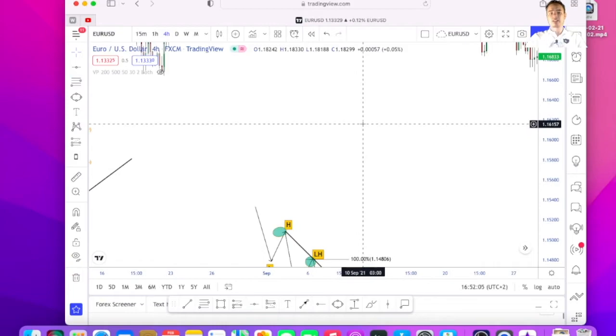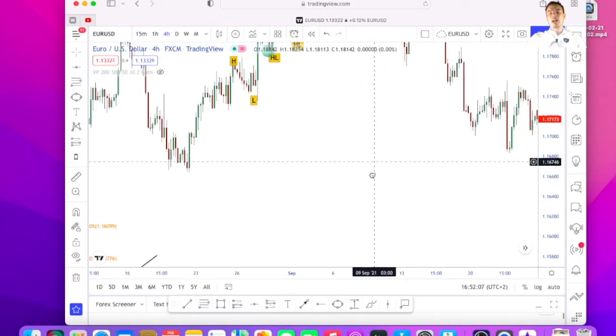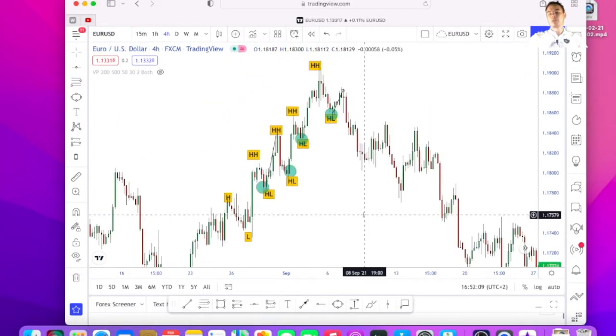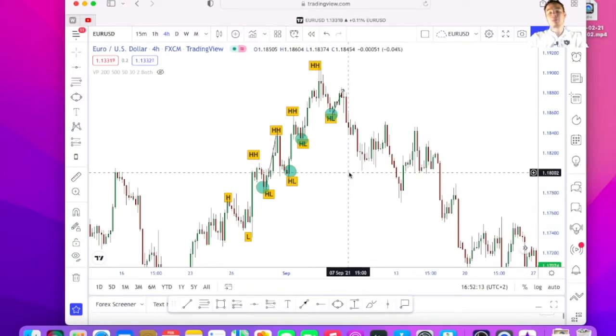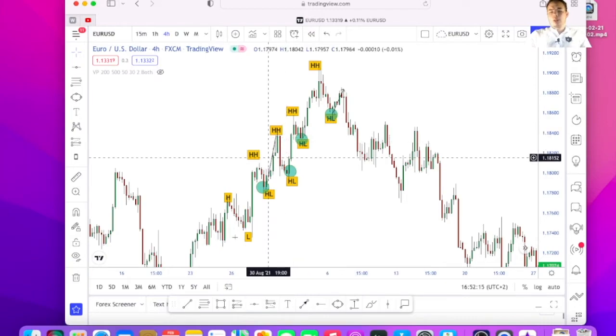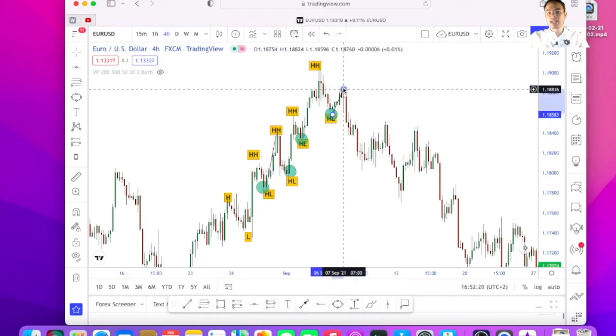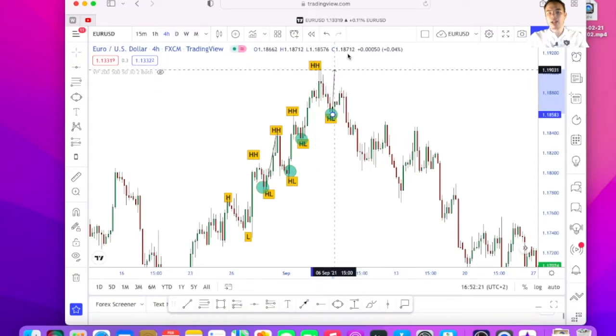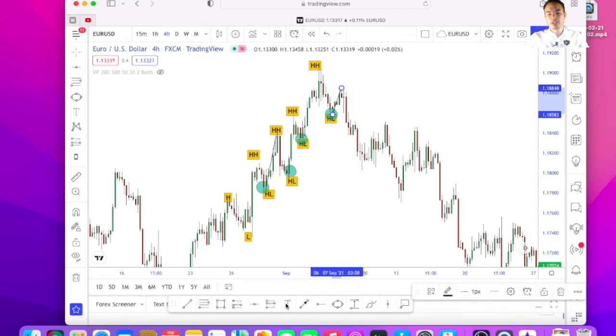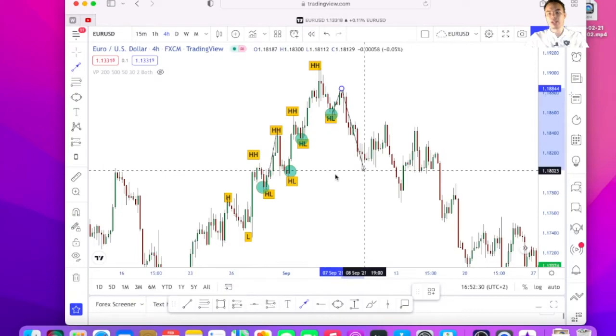Now, here's a practical example. I'm going to continue from the example that I gave in the uptrend. So we've had an uptrend, but now price pushes up, but it doesn't go higher than that high to form a high. So it rejects from this point and goes all the way down to there.